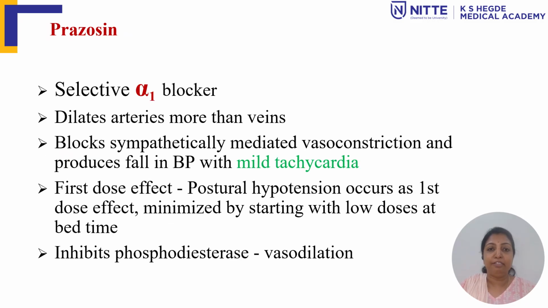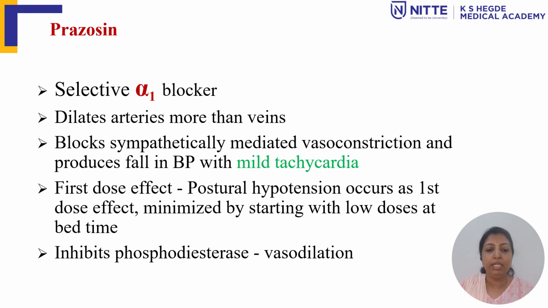Coming to the selective alpha blocker, which is prazosin. Prazosin is a selective alpha 1 blocker. So the alpha 1 receptor blockade is much more than alpha 2. They have a very mild effect on the alpha 2 receptor. They produce arterial dilatation more than veins, and they can block sympathetically mediated vasoconstriction and produce a fall in BP.